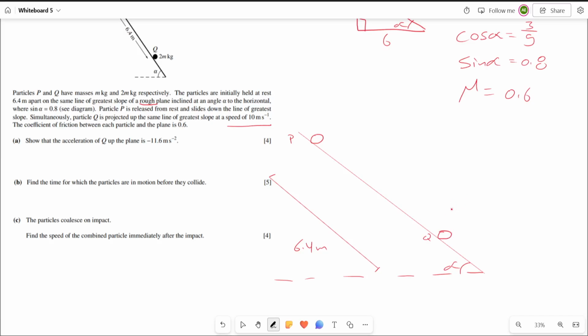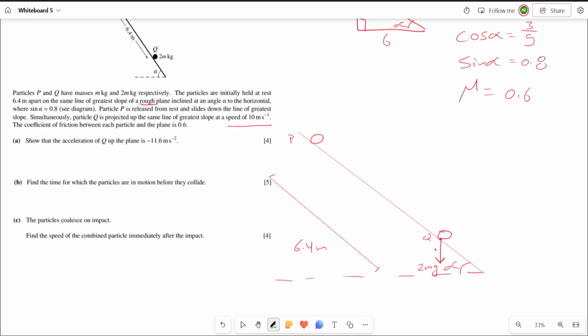So I know Q's motion is upwards. Okay, so first of all, let's start with the weight. So let's say that Q will have a weight force of mg, and its mass is 2m, so 2m times g.